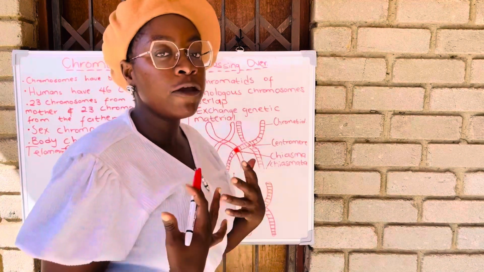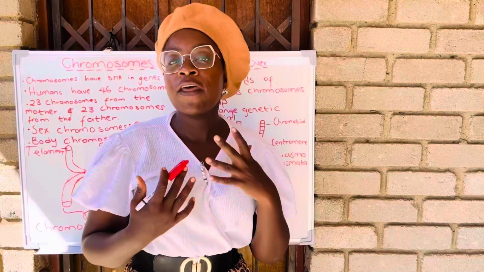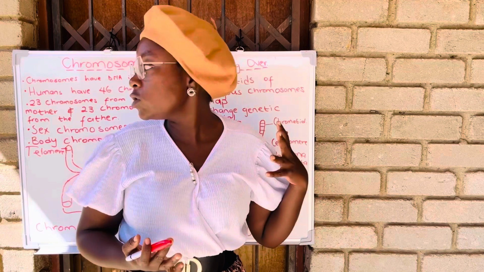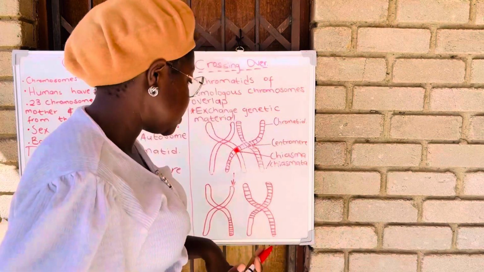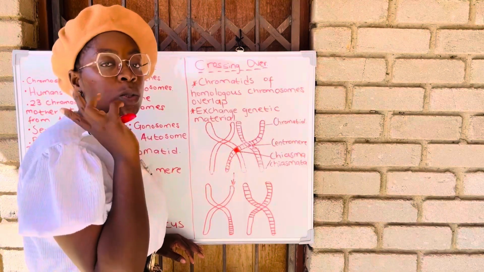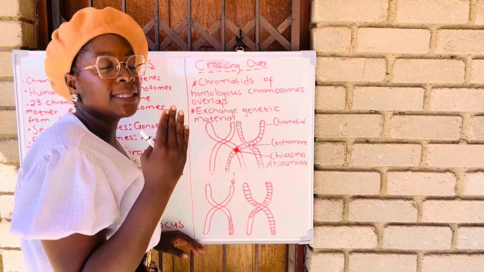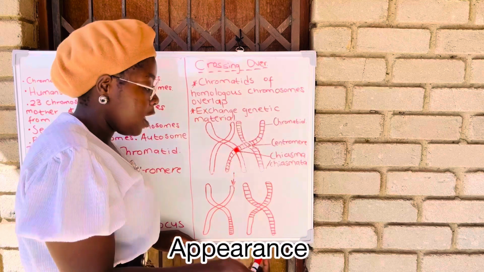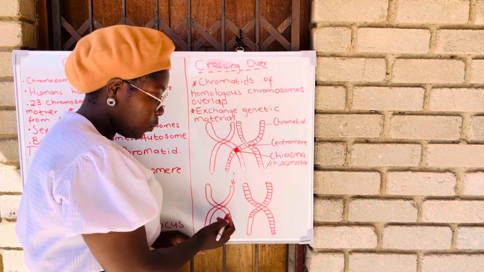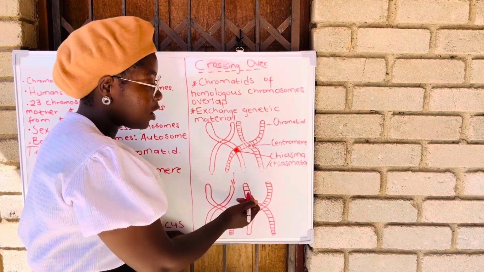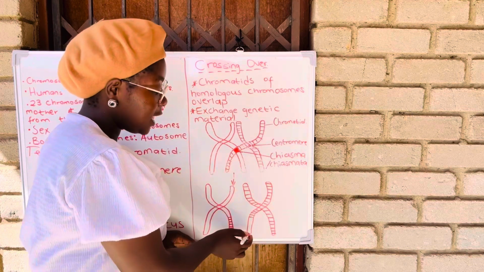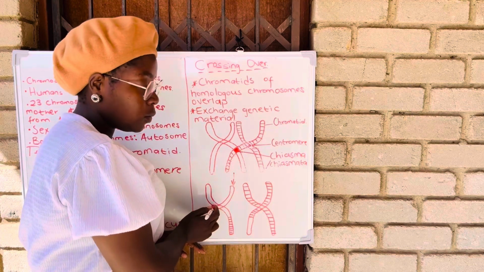Now, if they ask you what makes you sure that crossing over took place during this process, you will see two chromosomes where one has the characteristics of the other. If you look at this chromosome, you can see the similar structure of this chromosome. If you look at this chromosome, you can also see the similar structure of this chromosome.